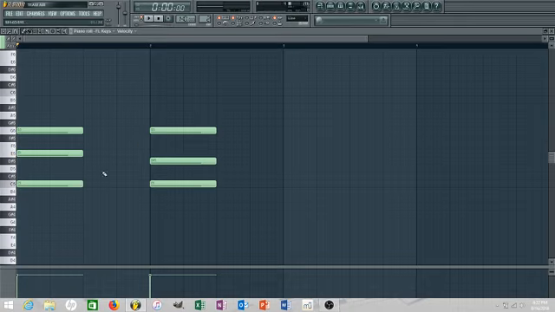So how do we figure out this interval, which is the minor third? Well, the minor third is a shorter interval.